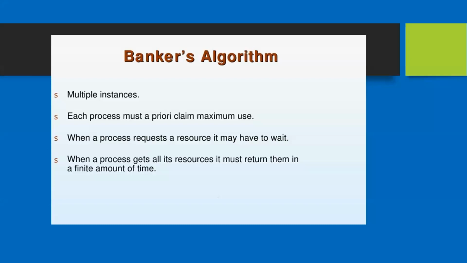Suppose there are n number of account holders in a bank and the total sum of their money is S. If a person applies for a loan, then the bank first subtracts the loan amount from the total money that the bank has, and if the remaining amount is greater than S, then only the loan is sanctioned.